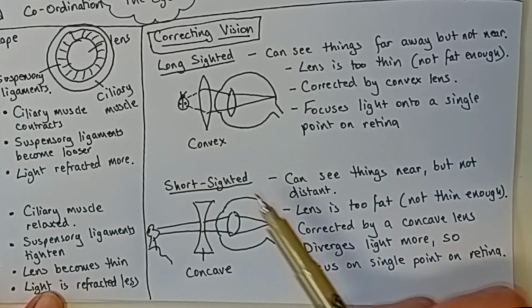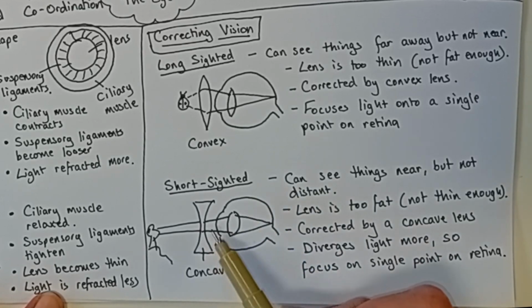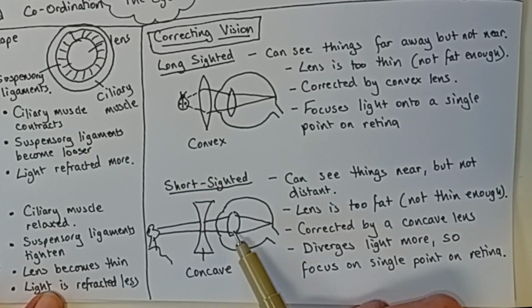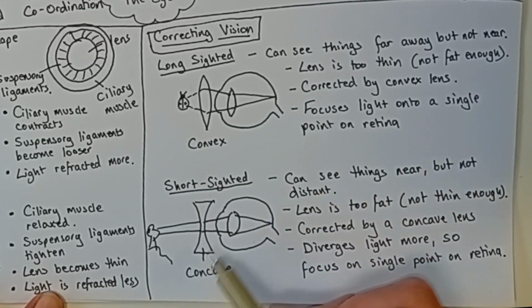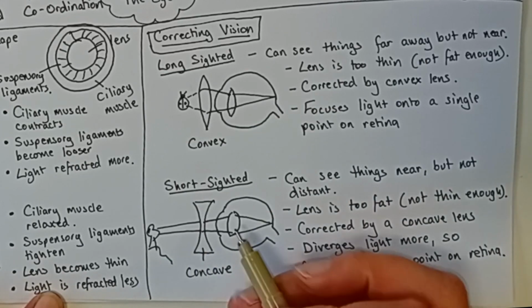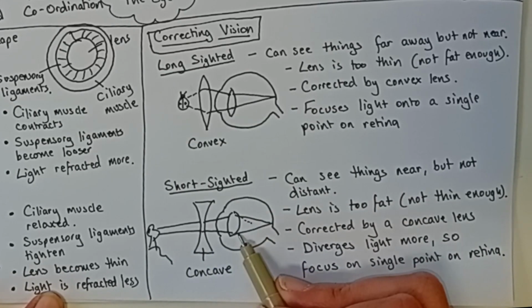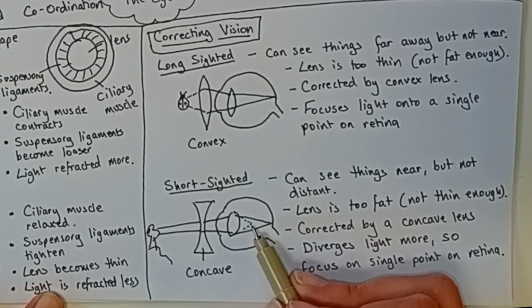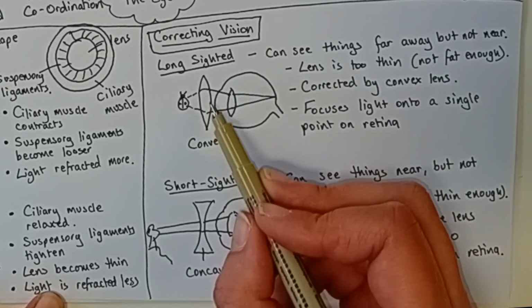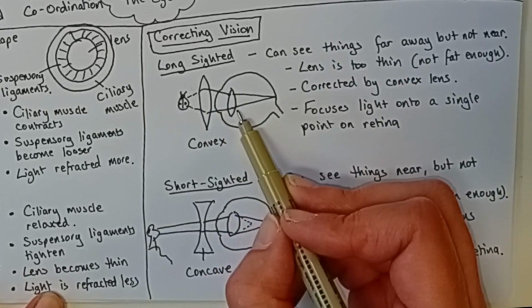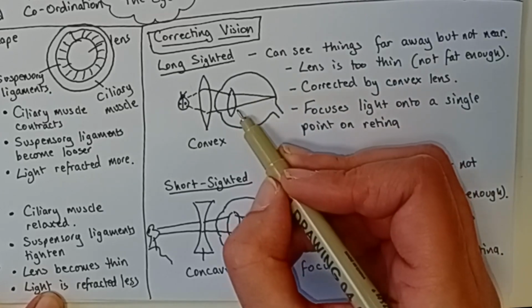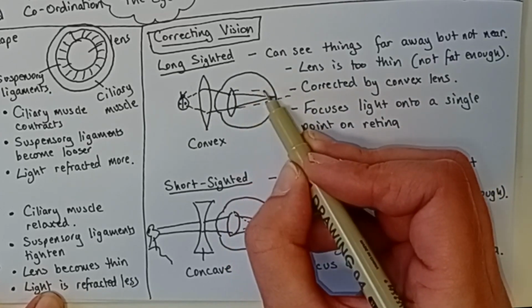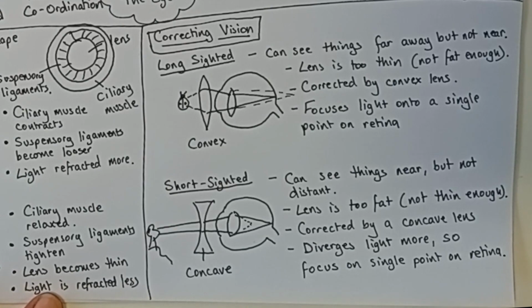It's worth saying that if you don't put these lenses in and the lens is too fat, so if you don't put a concave lens in front and the lens is too fat, then it would focus into the middle of the eye there, which would be wrong. And equally, if this one didn't have the convex lens, it would focus behind the eye, which would also be wrong.